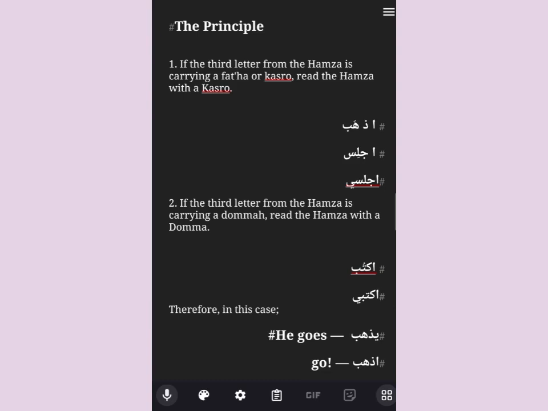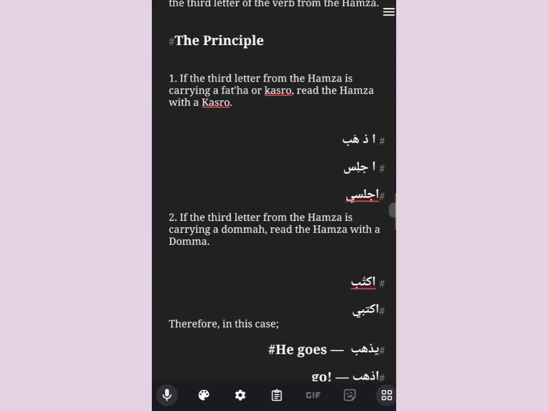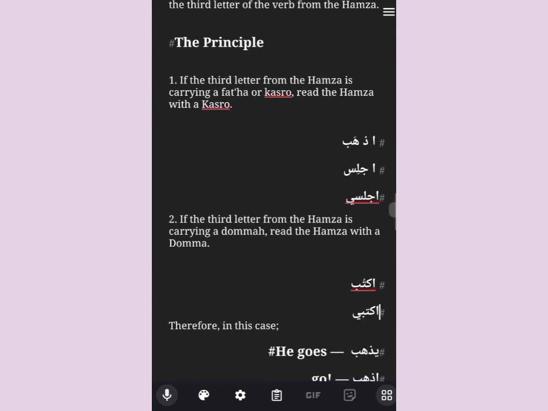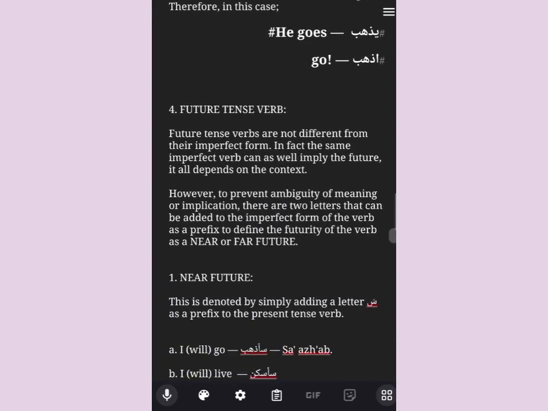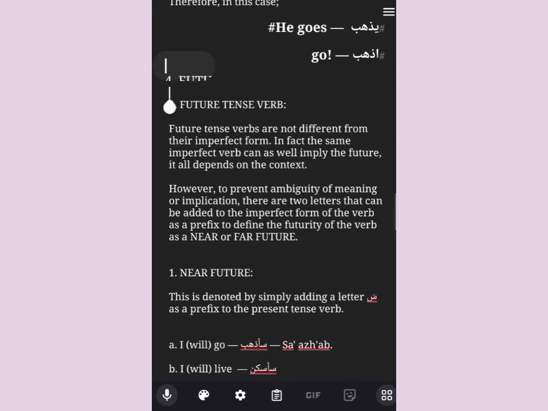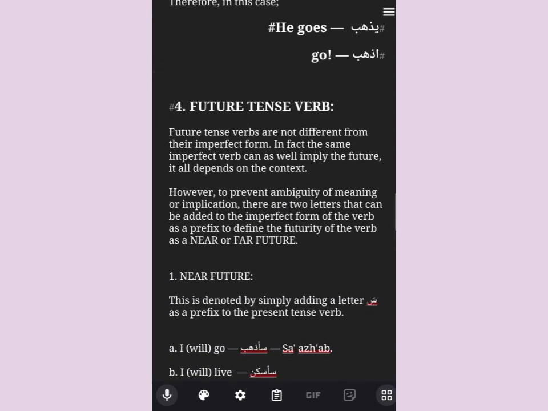So this is all about the principle of hamzatul wasl, and of course to create a distinction between a masculine and a feminine command tense verb. Is that taken? Now, this will take us to another part of the lesson, which is the future tense verb, a verb talking about the future.